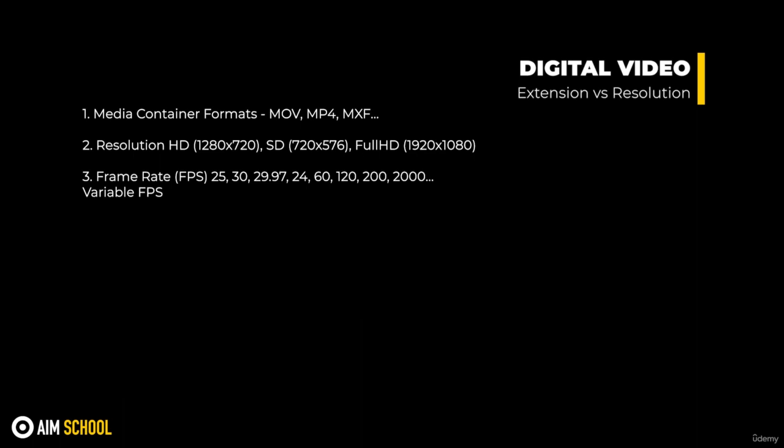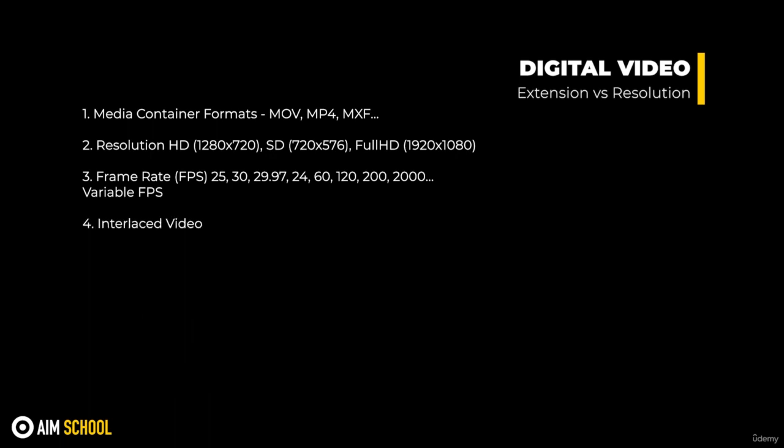For example, if the action is active, it takes 30 FPS, and if the action is not dynamic, it takes 12 FPS, always recorded in one file, in one container. Also, there are shooting frame rates, such as rapid, from the French rapide, that means fast, from 32 FPS to 2000 FPS. So later there is a possibility to slow them down in editing.